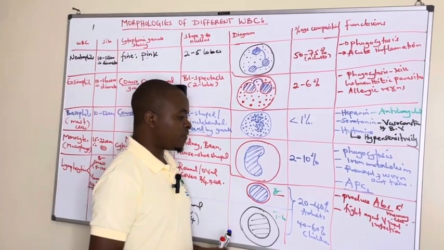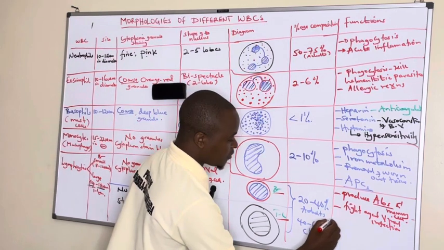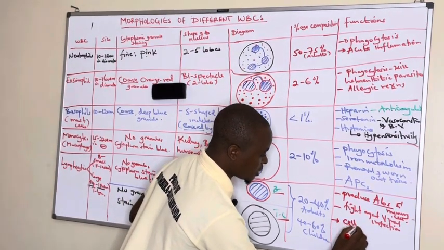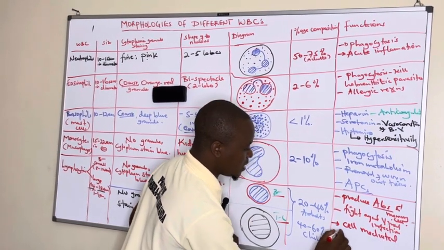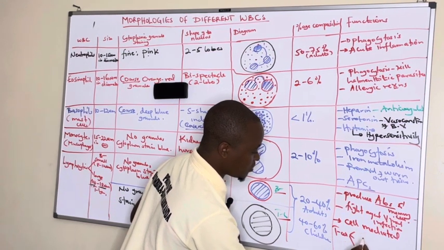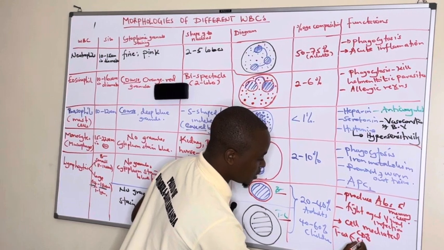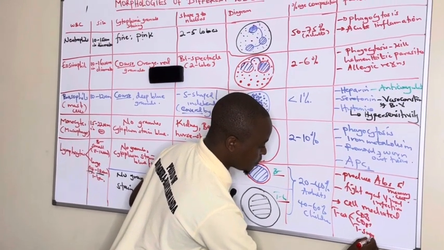The T lymphocytes are responsible for cellular immunity. They participate in cell-mediated immunity, whereby these T cells are divided into three: the CD4 positive, the CD8 positive, and the T suppressor.